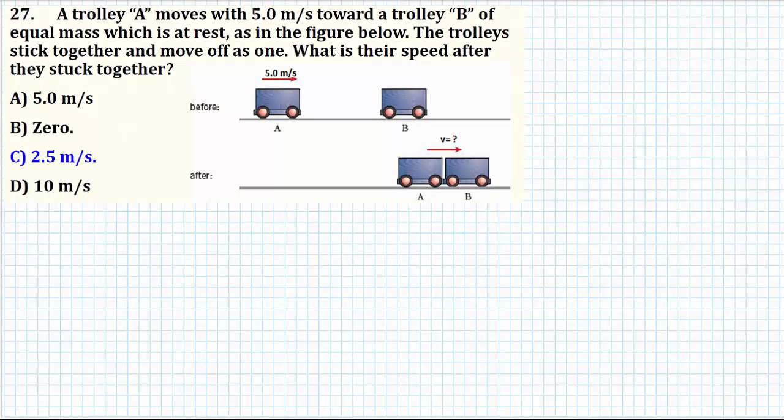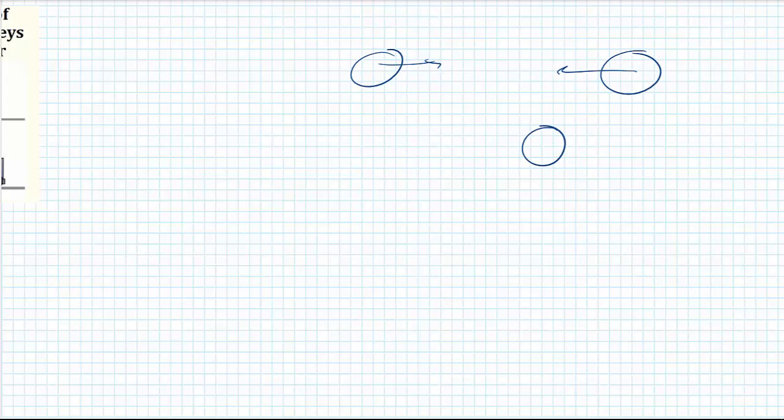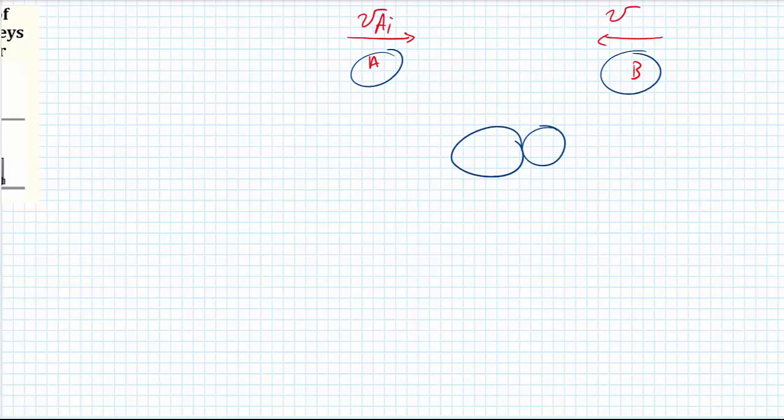For this one, he's talking about the impact or the collision between two objects. And let's remember Newton's third law. If we have two objects and they are moving toward each other, or one is approaching the other, at a certain moment they will collide with each other. Let's say this is A and that's B. A was moving with a certain speed VA initial, and B was moving with a certain speed VB initial.